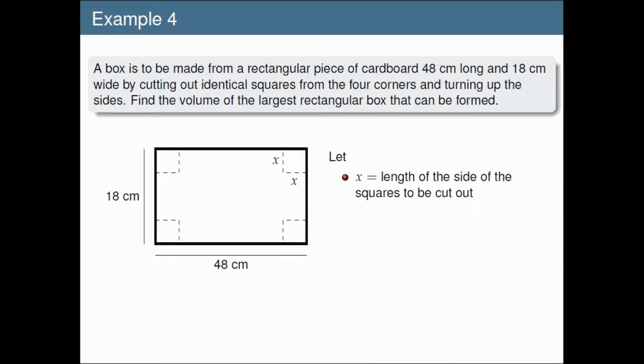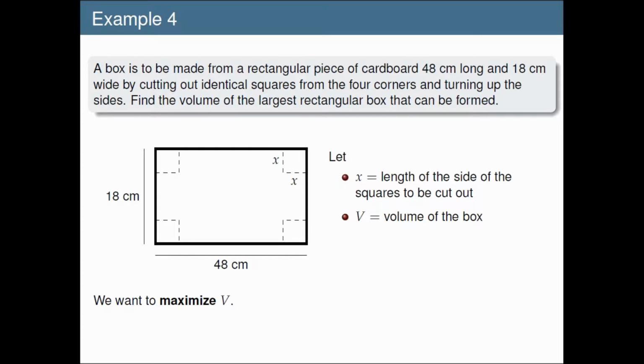Let V be the volume of the box. Since we're finding the volume of the largest box, we maximize the volume, V. Next, we express V in terms of x.